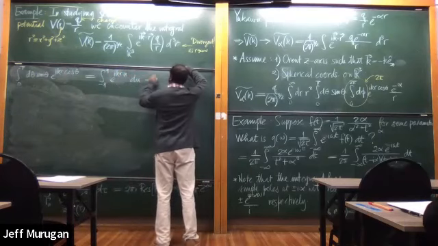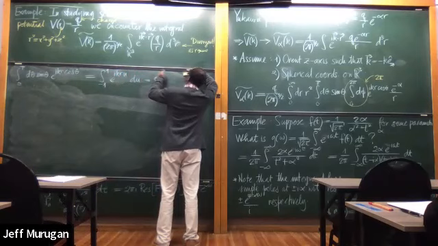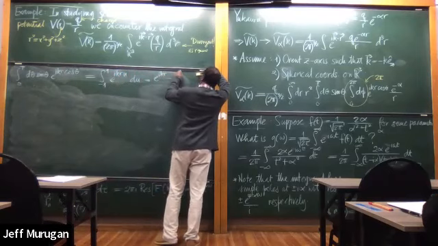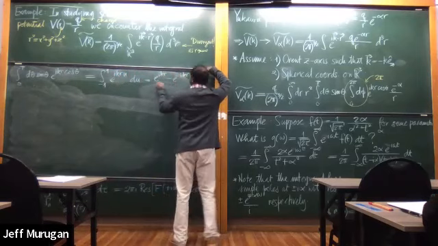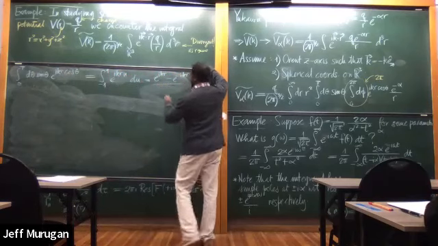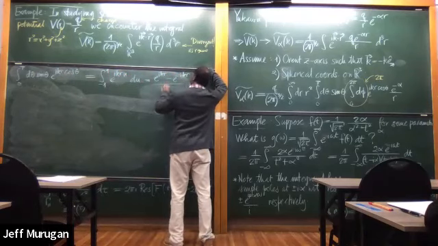And this is just e to the i k r minus e to the minus i k r, all over i k r.